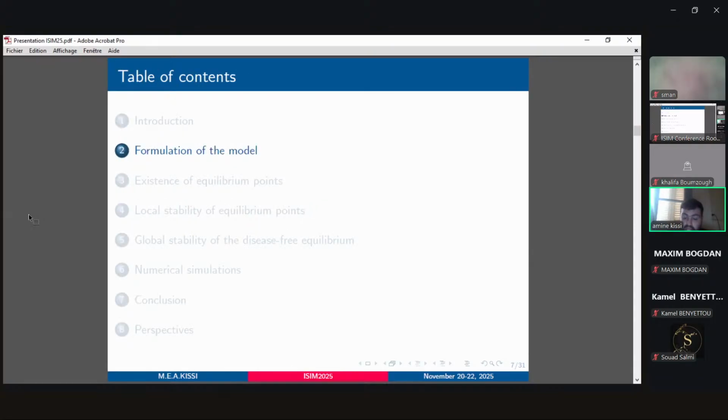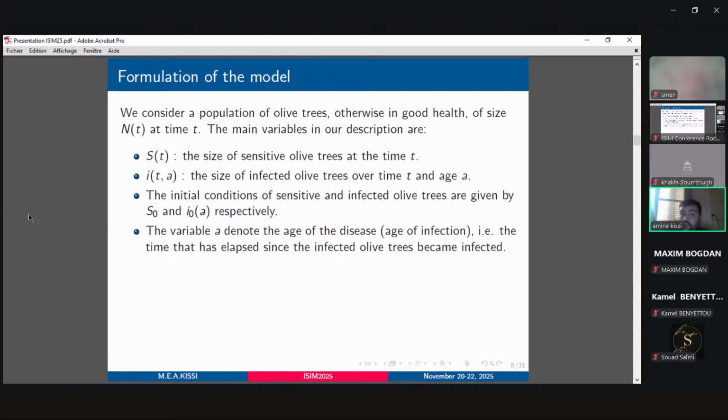So in our model, we consider a population of olive trees, otherwise in good health. Our variables are S(t), the size of susceptible olive trees, and I(t), infected olive trees. The variable a here denotes the age of the disease, which means the time that has elapsed since the olive tree became infected.